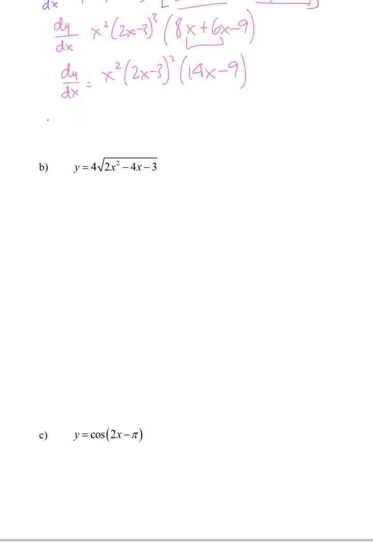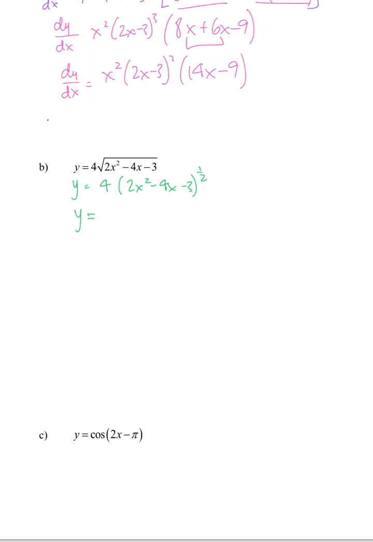All right, so the first thing I'm going to do here is rewrite it as 4 times (2x squared minus 4x minus 3) to the 1/2. Okay, so there's a very large peanut M&M going on here. That's what this whole thing is, one really, really big peanut M&M.